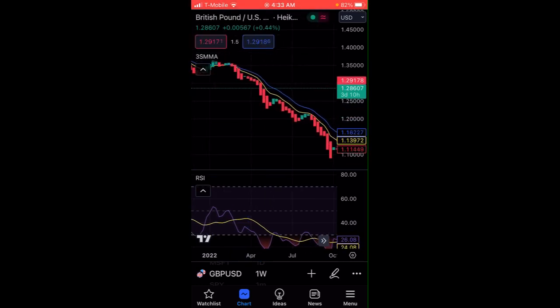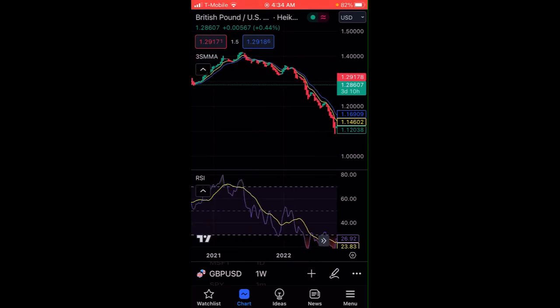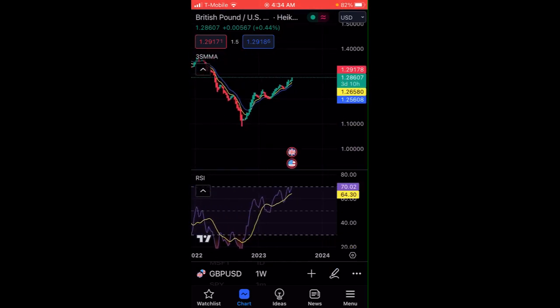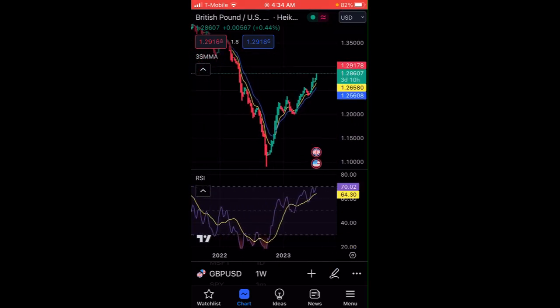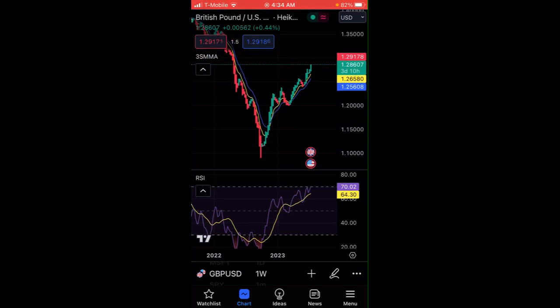So anyway, this strategy works extremely well on the weekly. You can really find all those key moments when you want to do your trade. You'll find the bottom of it really easy, because if you're doing it on the weekly, you really don't have to worry about it going down to a bottom.